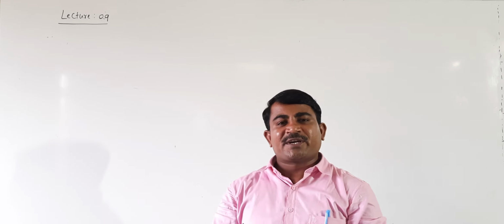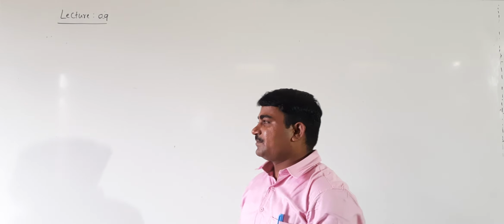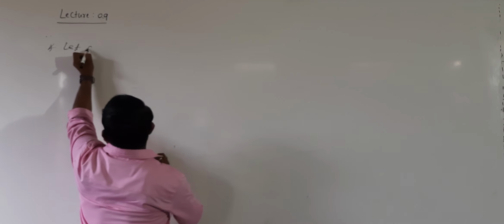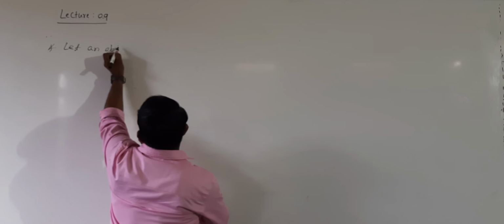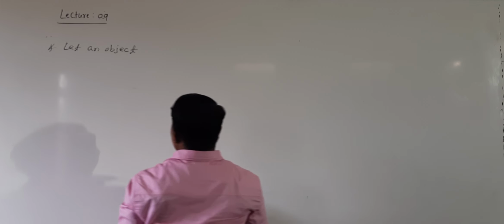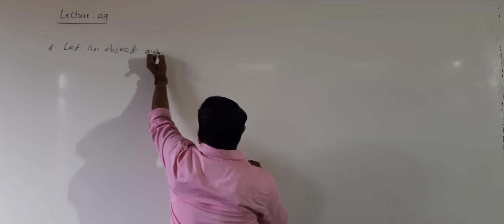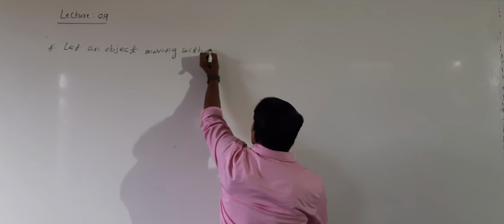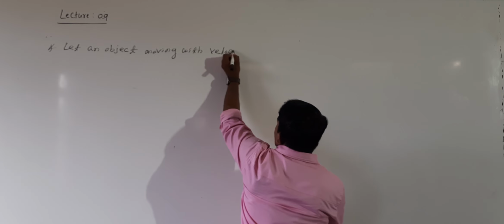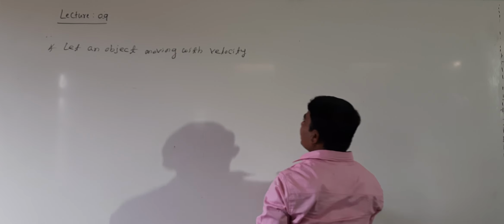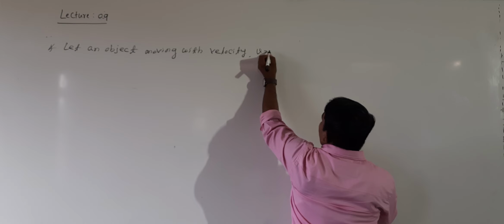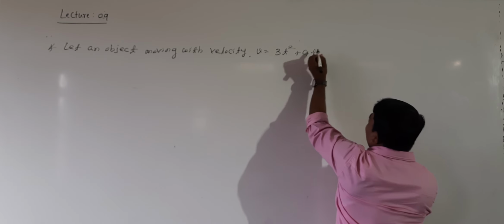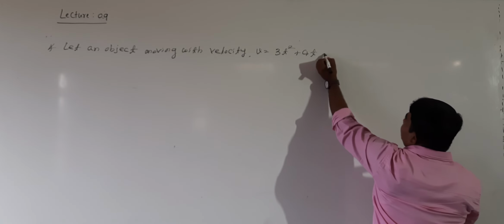Consider an object moving along a straight line with velocity v equal to 3t square plus 4t along a straight line.